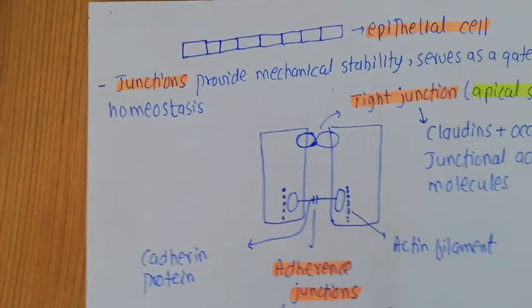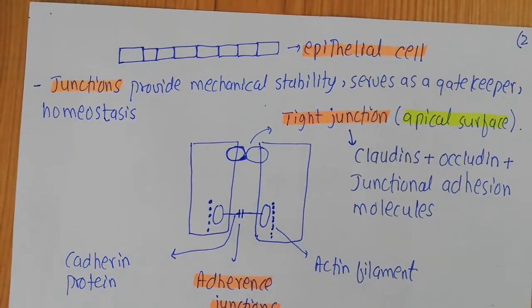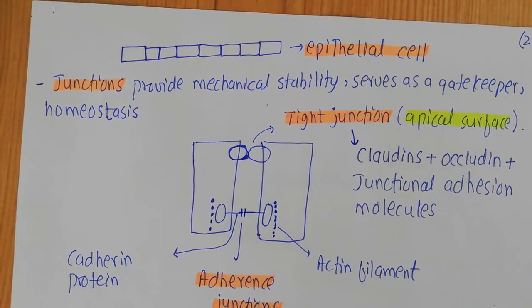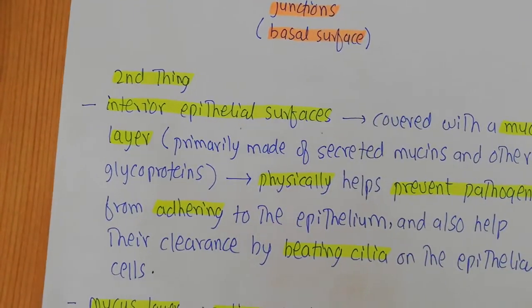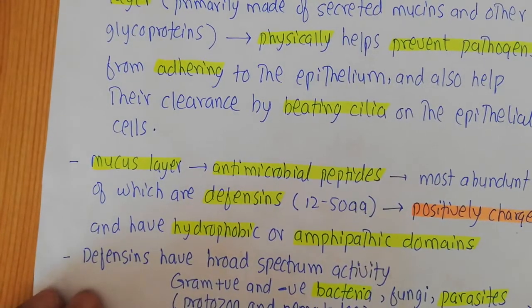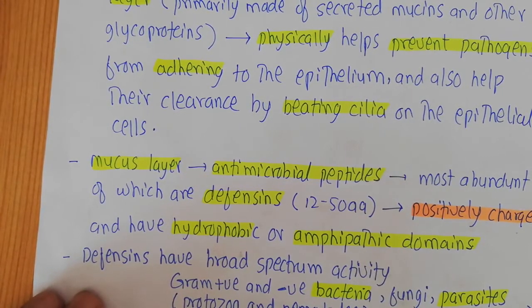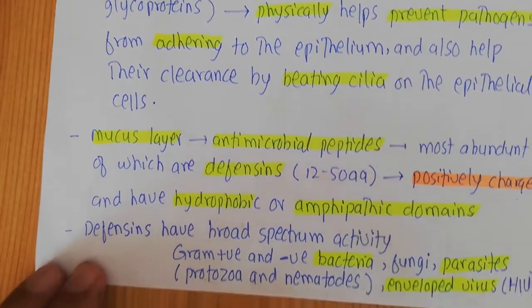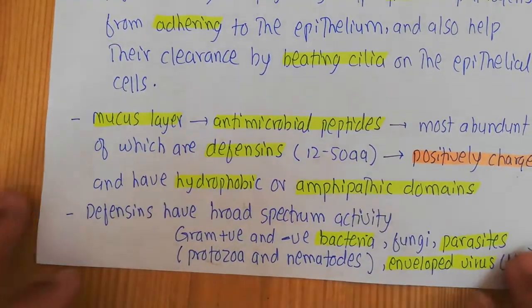We talked about the tight junctions and the adherens junctions, and the interior epithelial surfaces which have mucins that physically help prevent the pathogens from adhering to the epithelial cells. And lastly we talked about the defensin proteins in detail, which are active against a broad spectrum of microorganisms or pathogens.